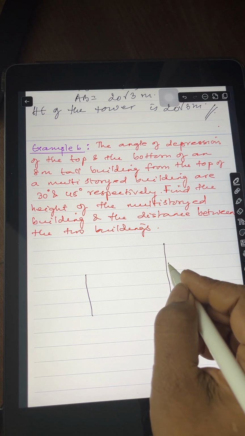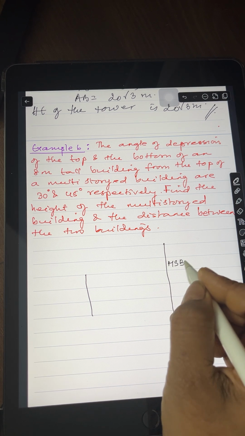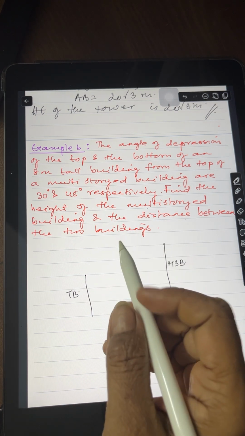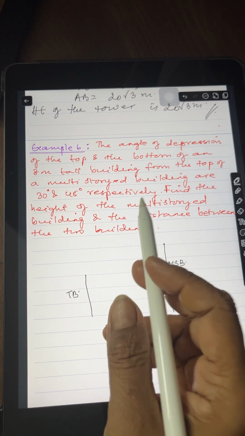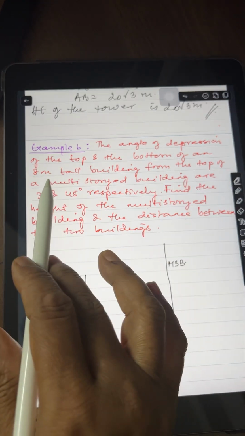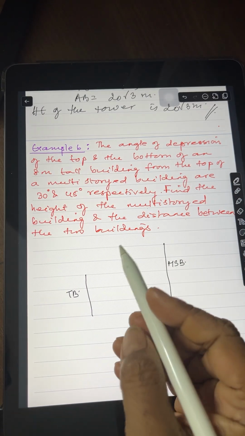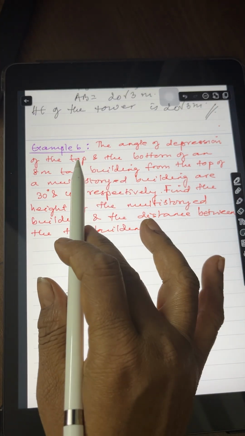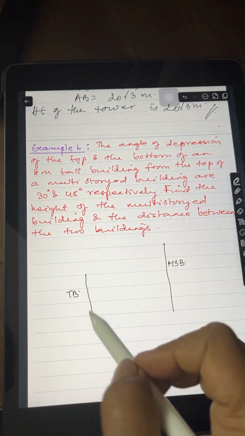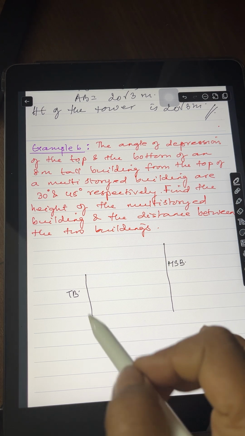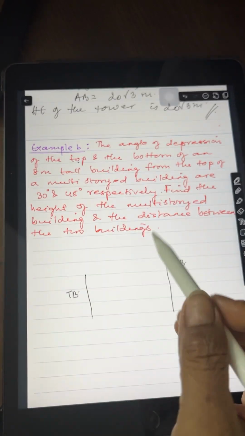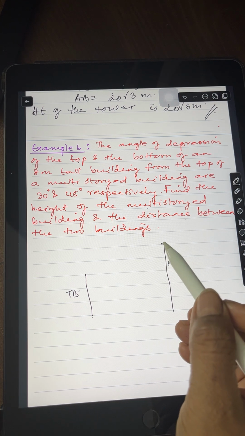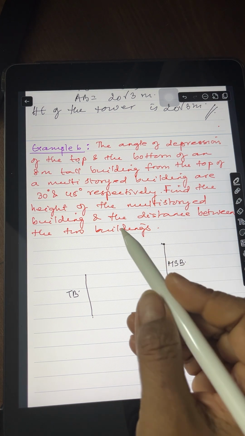This is the multi-storied building and this is the tall building.